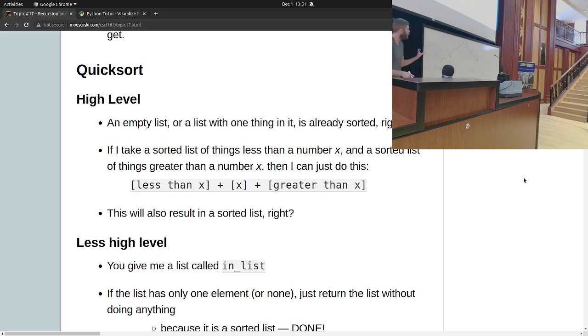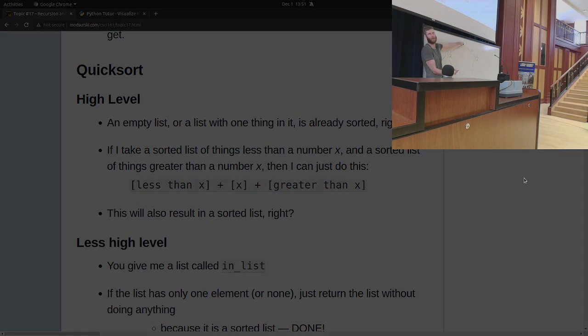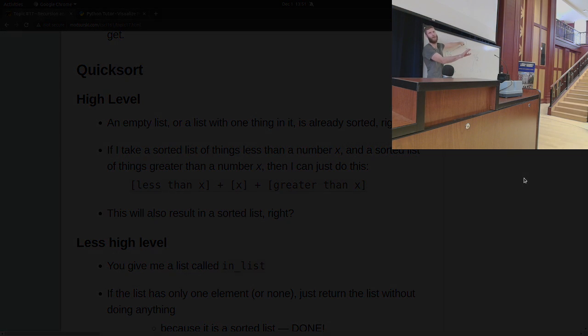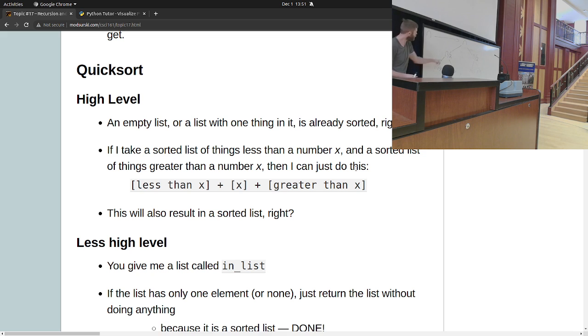So, if I have n things and I need to put all the things less than and bigger than, how much work is it to do that? This was the easy question. N. So we've got n amount of work to do at this level of this tree. Then I go down to this level.